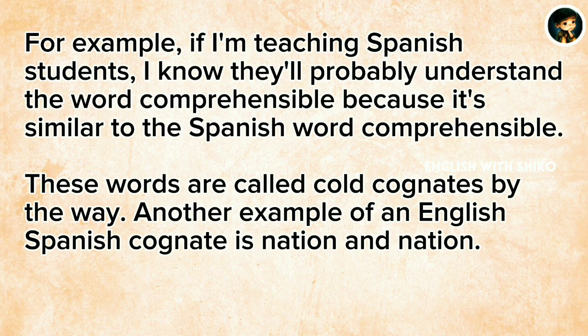For example, if I'm teaching Spanish students, I know they'll probably understand the word "comprehensible" because it's similar to the Spanish word "comprensible". These words are called cognates, by the way. Another example of an English-Spanish cognate is "nation" and "nación".